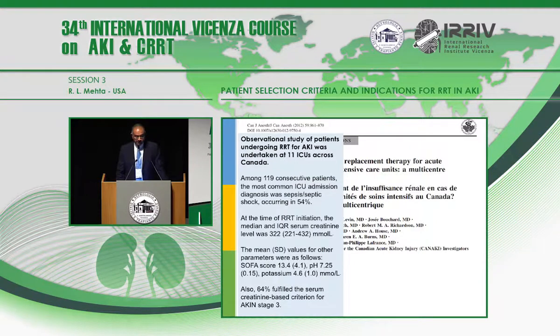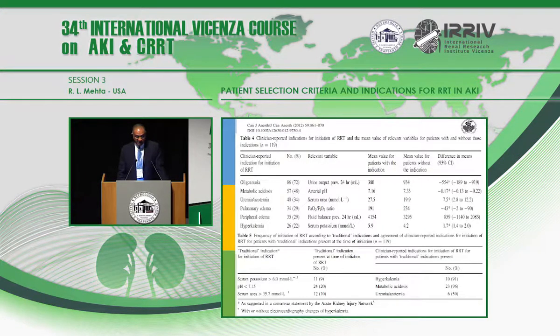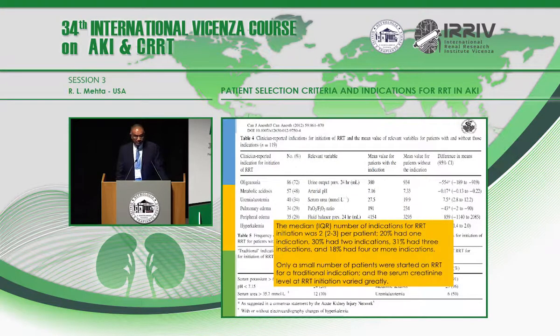And in the same study, at the time that these patients were taken into treatment, these patients had metabolic acidosis, oligoanuria, peripheral edema, hyperkalemia, and the frequency of these elements for traditional indications or clinician-reported indications were quite high. But in general, most of these people have more than one indication.